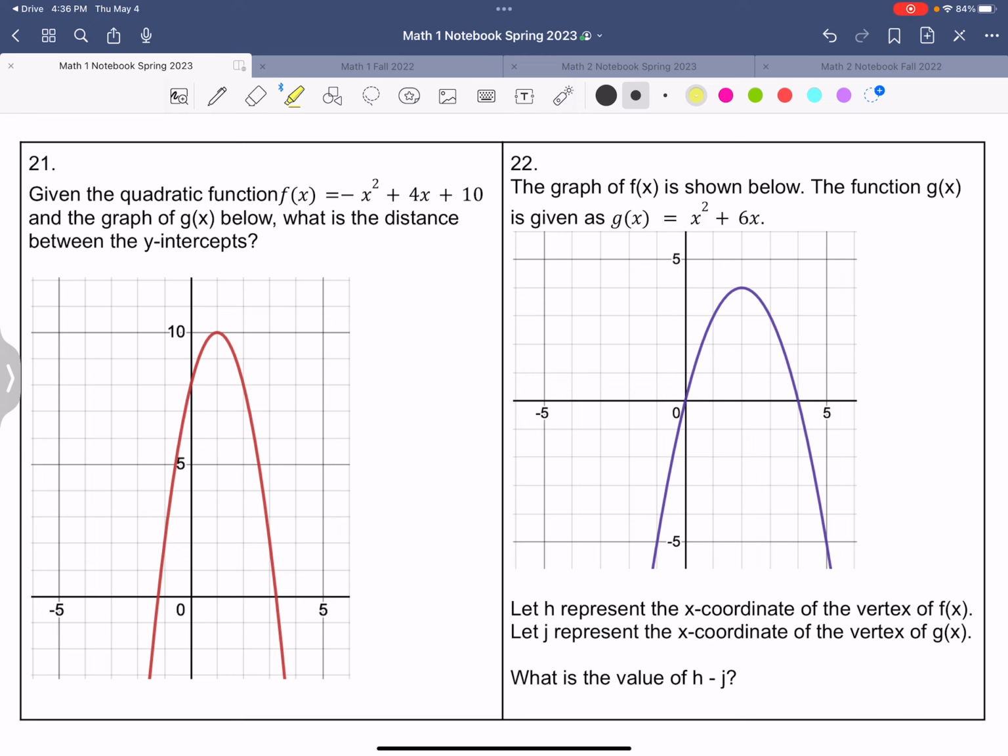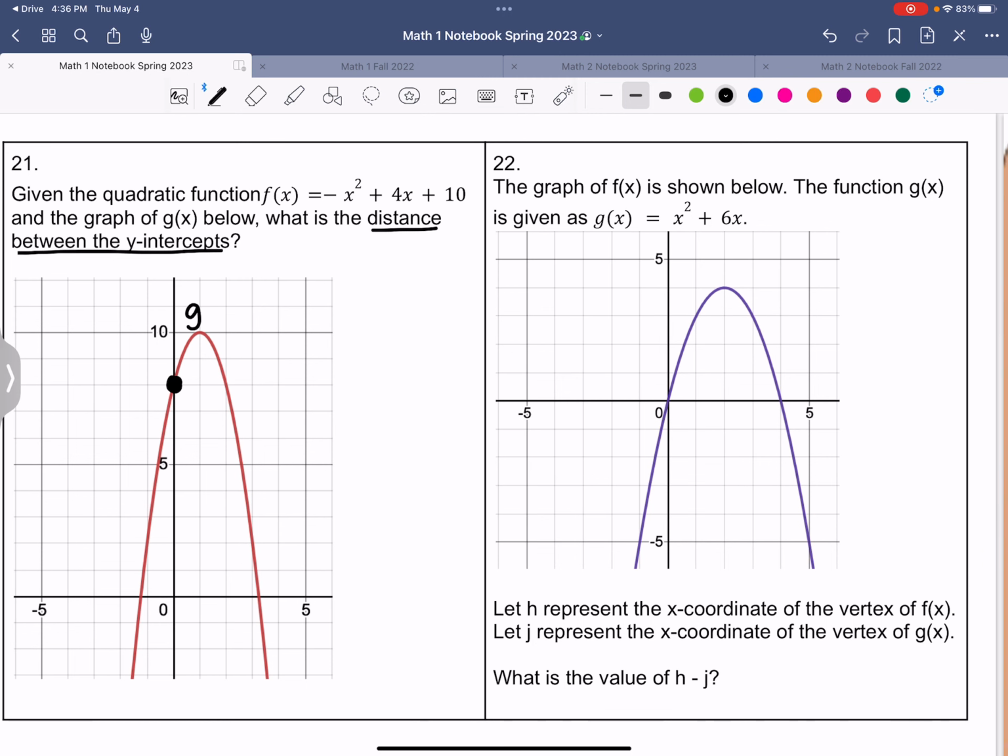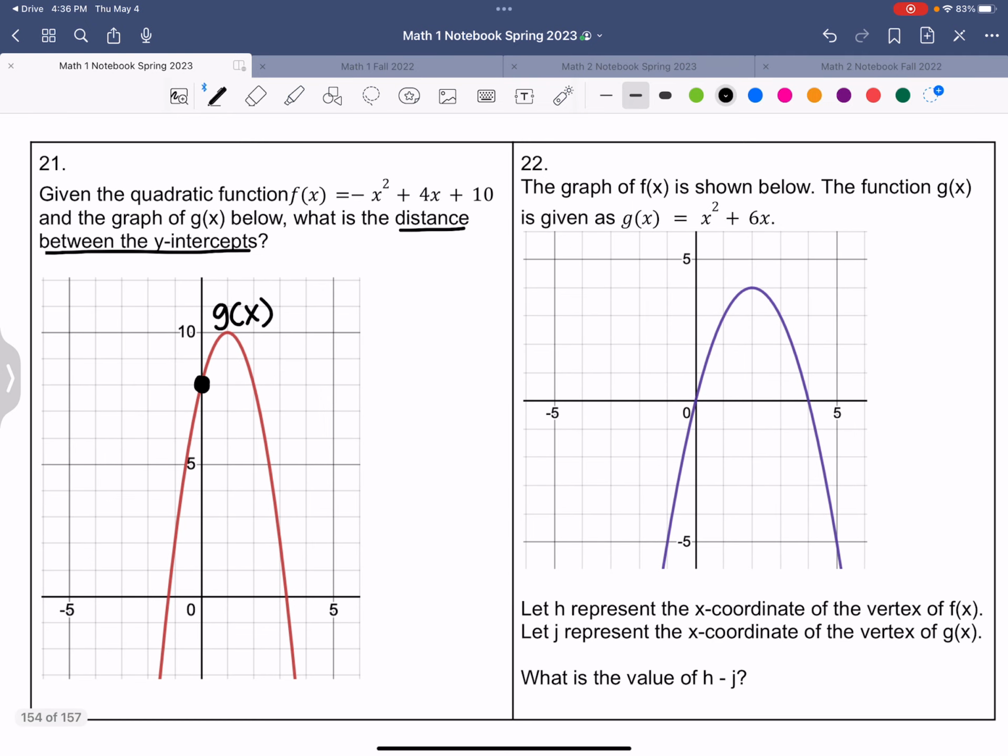Given a quadratic f of x and the graph of g of x, what's the distance between the y-intercepts? Well, we can identify this y-intercept from g of x, and I'm going to make a note here that this is g of x. This y-intercept is 8, and then we're going to have to graph this one.